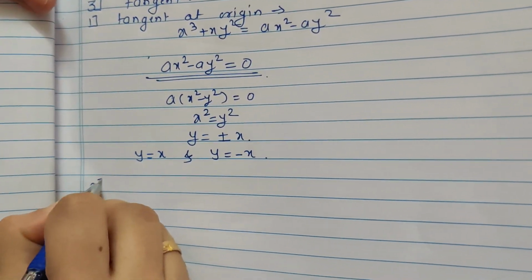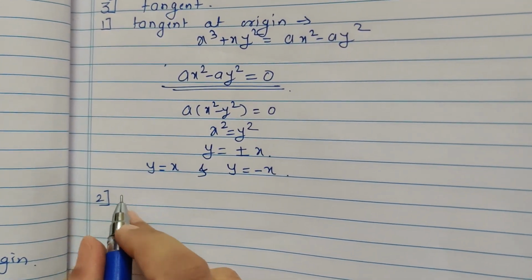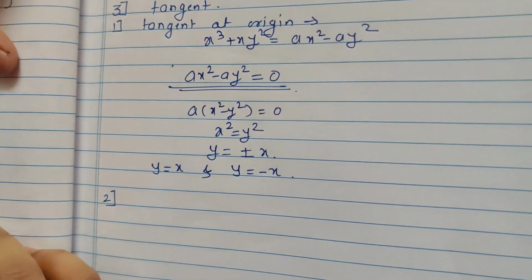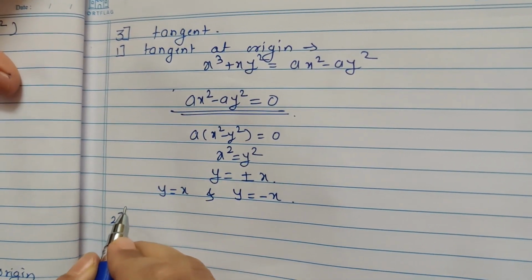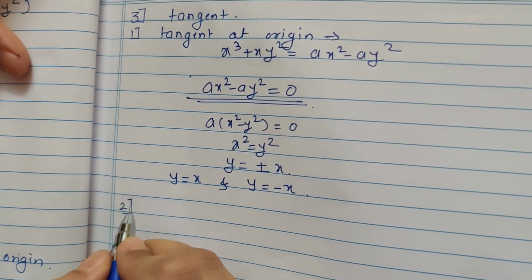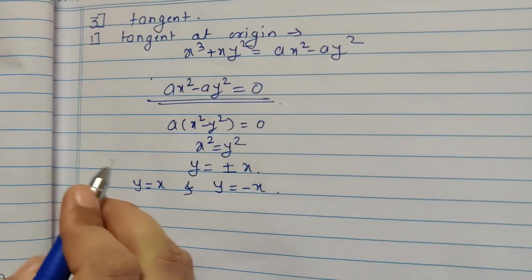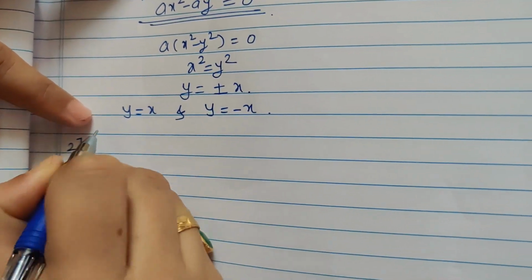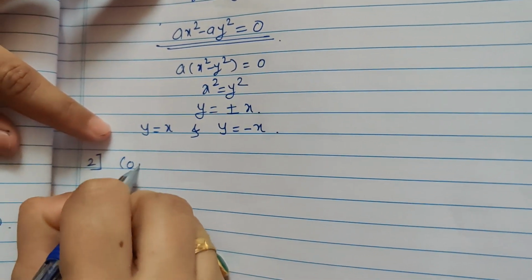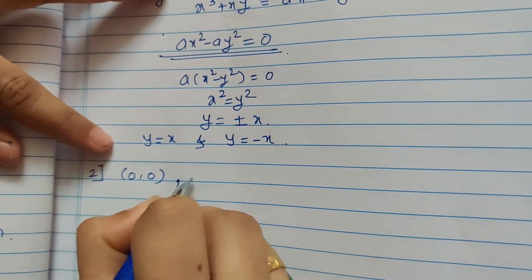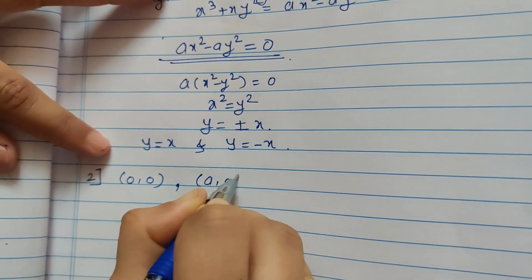Now second, we have to calculate the tangent at the points which we calculated as the points of intersection with the x-axis and y-axis. So which points? One is 0, 0 and another is a, 0, but this is the origin.